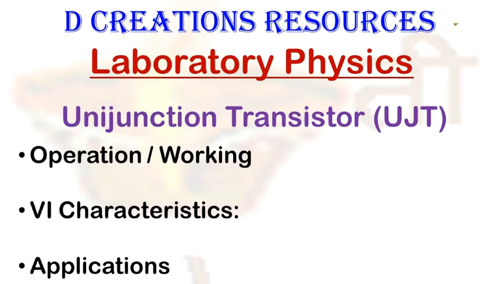In the VI characteristic of the UJT, there are two important points: the peak point and the valley point. These points divide the VI curve into three important regions: the cutoff region, the negative resistance region, and the saturation region.